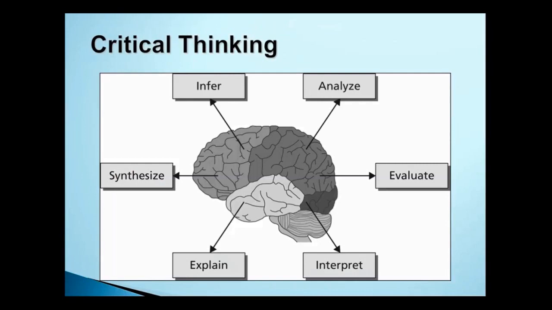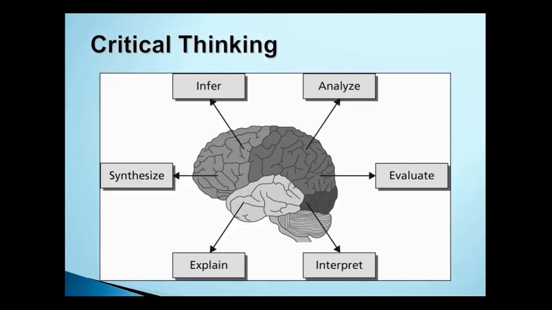So let's go here and talk about this idea of critical thinking, because really what this entails when you're talking about evaluating the information is that now you're taking your thinking to another level. These are the components of critical thinking that are important.